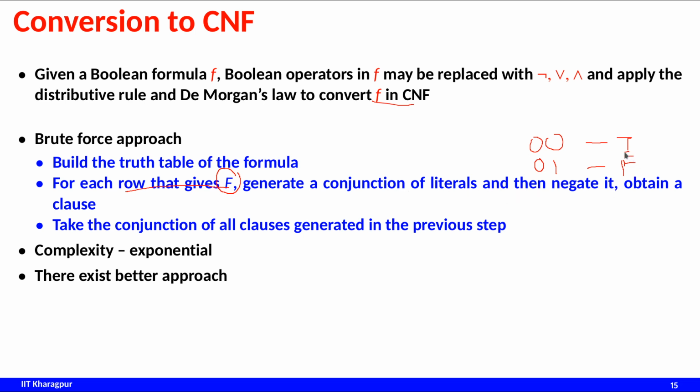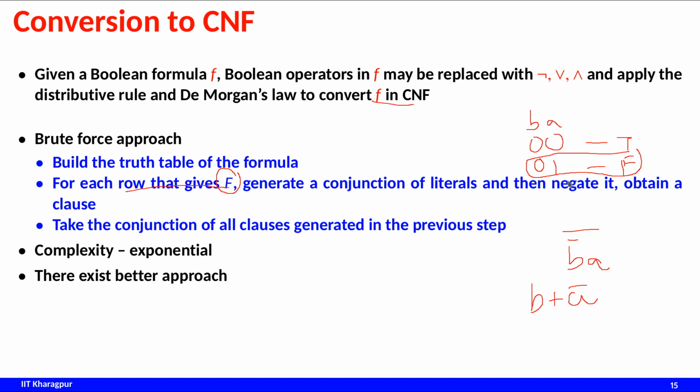So let's say this variable corresponds to B and this is A, then not B and A produces a false, and if I negate this conjunction, then eventually I will get B plus not A as the CNF form.